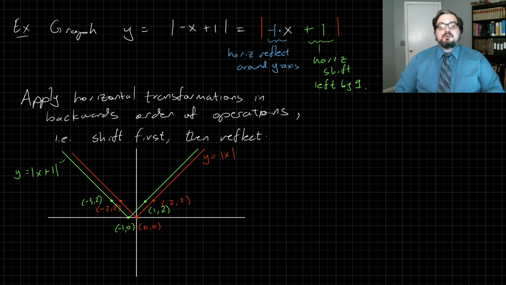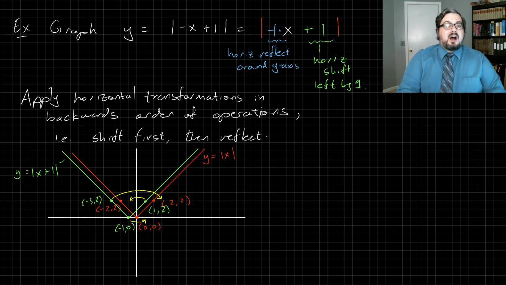And now we're told that we have to reflect around the y-axis. So each one of these points that we have graphed is going to go to its opposite point on the other side of the y-axis.